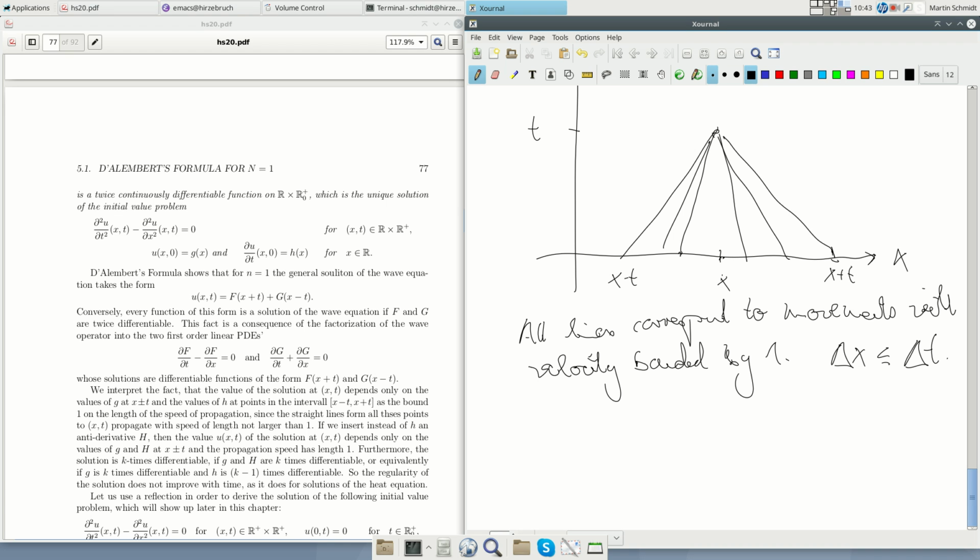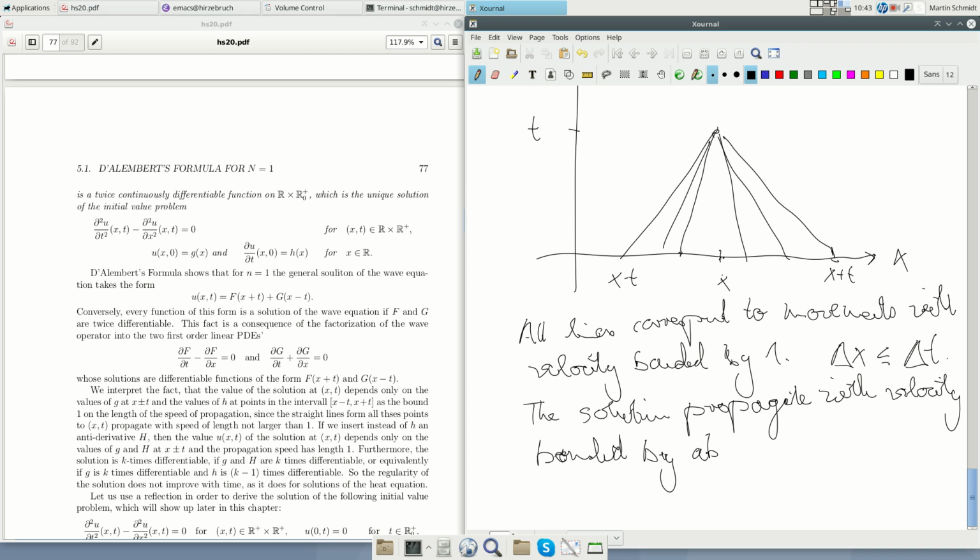Okay, so we interpret: the solutions propagate with velocity bounded by absolute value 1.